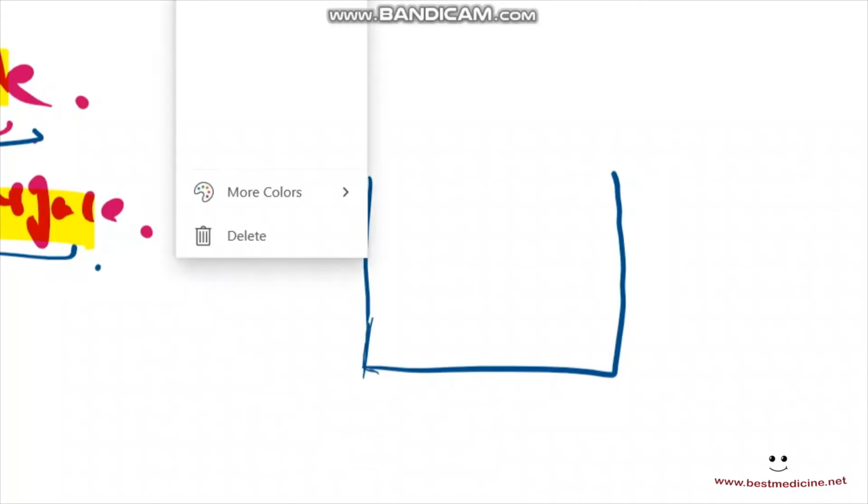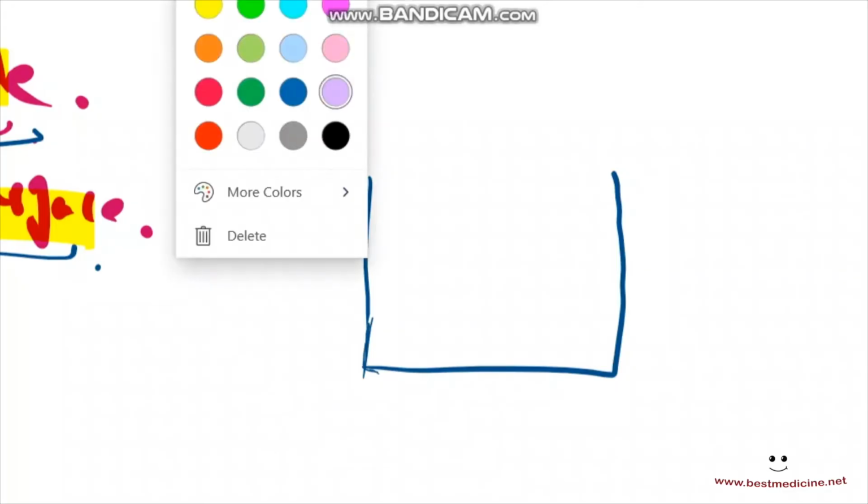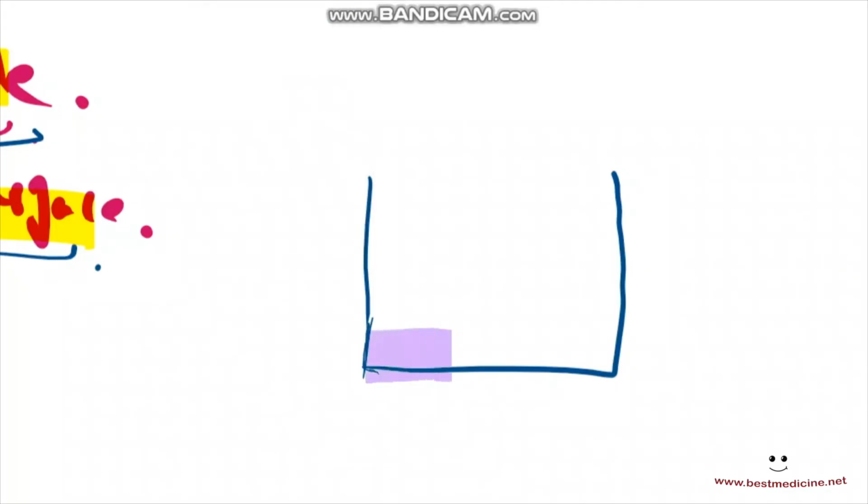I'm going to color this purplish or light violet, and draw some lacunae, some spaces between this tissue, and inside those spaces there are cells.